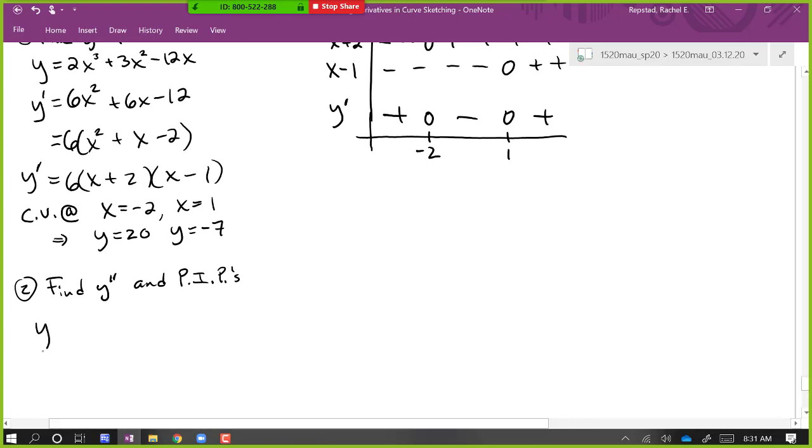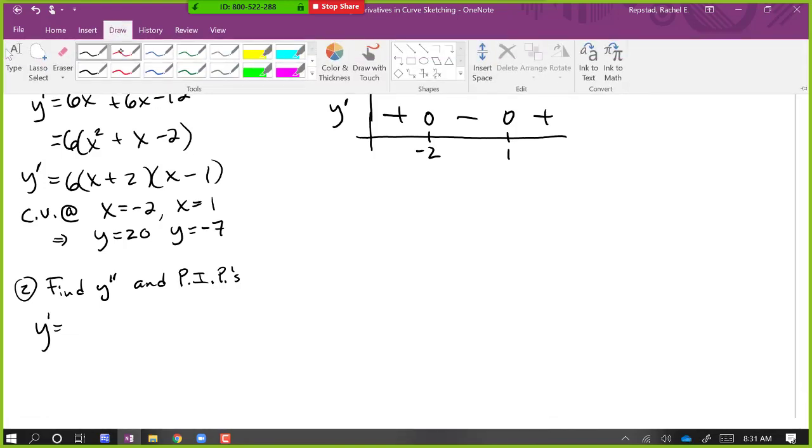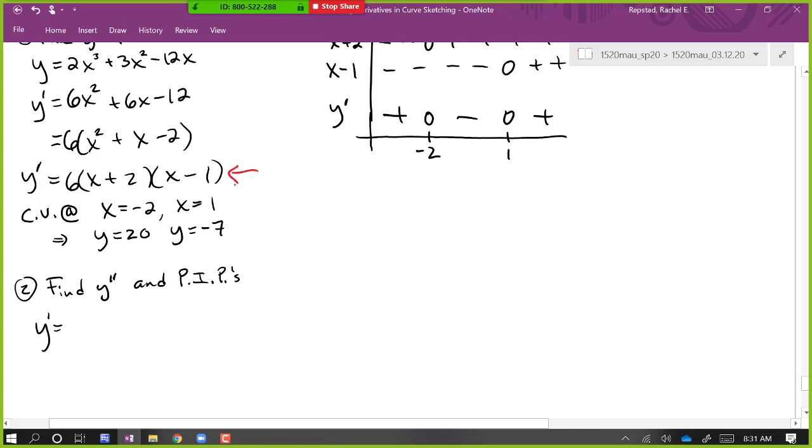So our first derivative: we have it written in a couple of different ways up there. Here's the version that we used to make our sign chart, and here's the version before we factored it. You could start with either of those and take the derivative to get the second derivative. But if I want to do as little work as possible, which form am I going to pick?